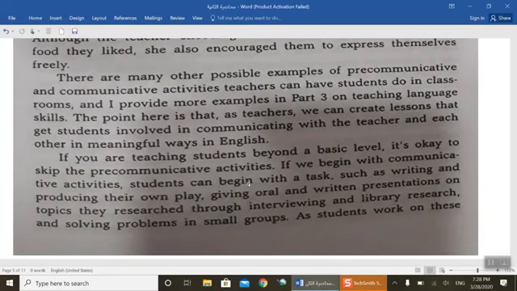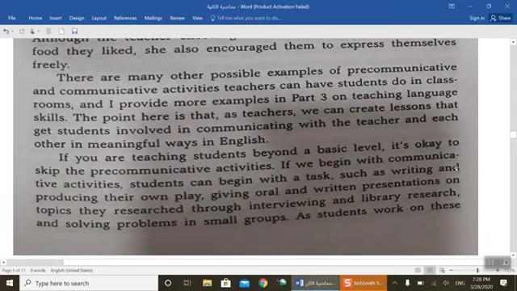So if the students are at basic level, he has to follow this method of teaching, by using what? By using pre-communicative activities. But if they are beyond basic level, skip it. Don't waste time and effort, because the students are aware of these details. So go directly to what?